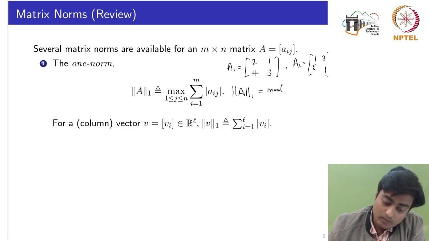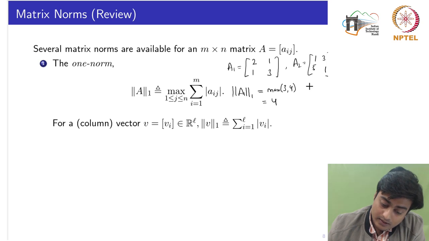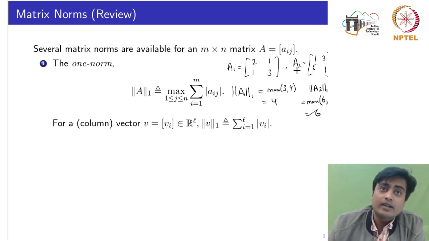So the sum is 2 plus 1 is 3 and 3 plus 1 is 4, and the value is 4, right. Now similarly, if I want to compute the norm of this matrix A2, it would be given by the maximum of 5 plus 1 which is 6 and 3 plus 1 which is 4. So the number is 6. So here I know that the size of the matrix A2 is greater than the size of the matrix A1.